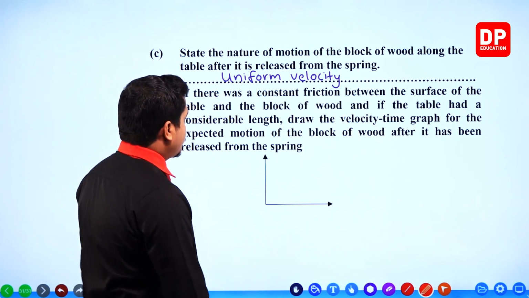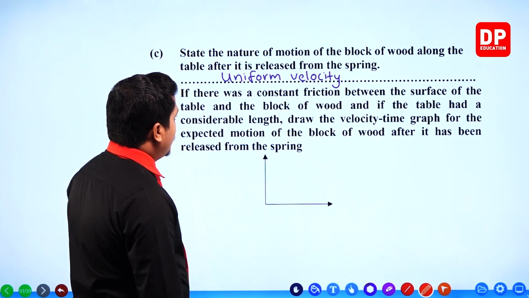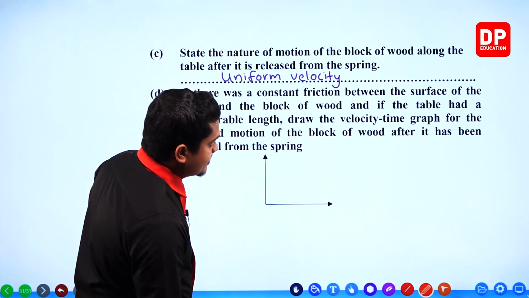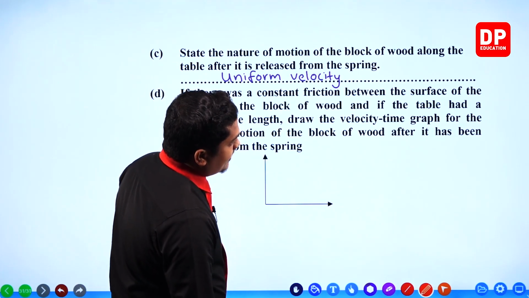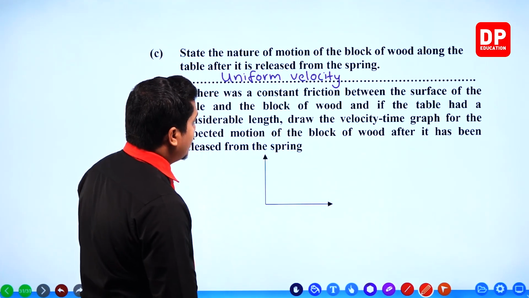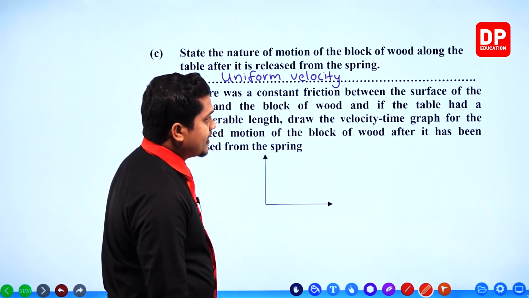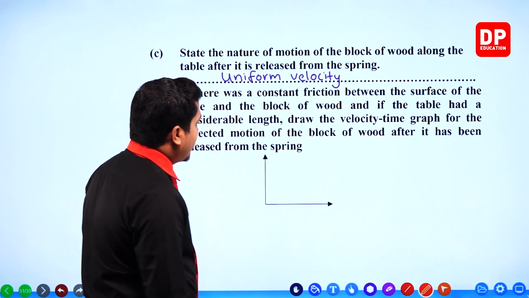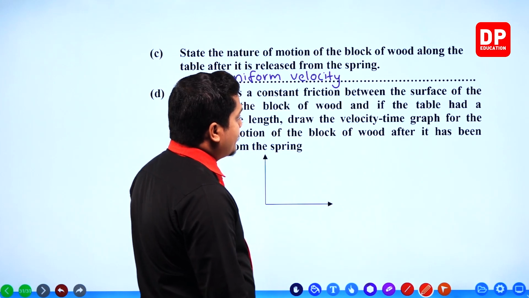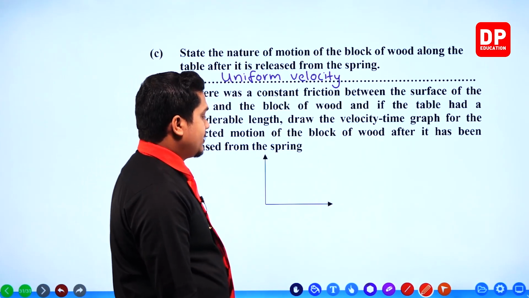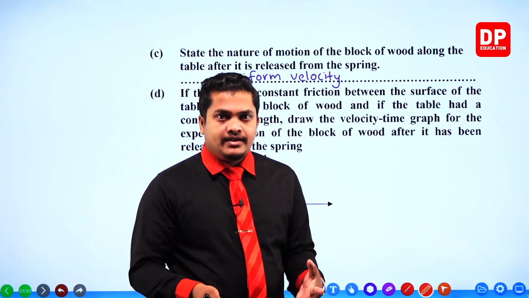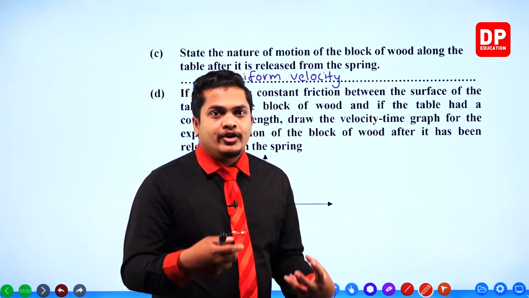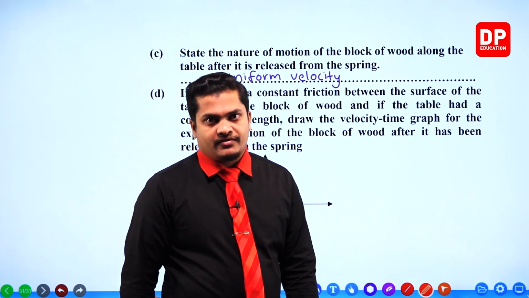Right, then the next one, the final one. If there was a constant friction between the surface of the table and the block of wood, and if the table had a considerable length, draw the velocity time graph for the expected motion of the block of wood after it has been released from the spring. Very simple, my dear children. If there is frictional force, then gradually the speed is going to reduce because of the friction.